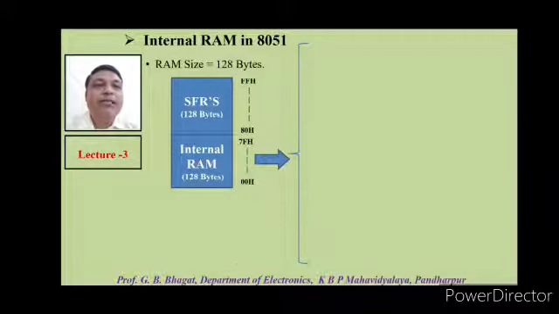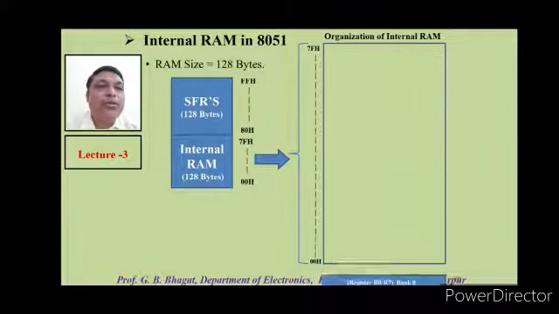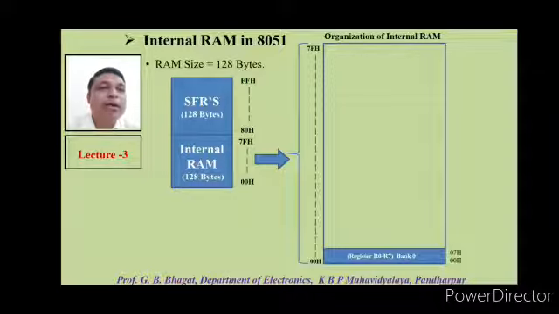This internal RAM is divided into various parts ranging from 00 to 7FH. Here at address 00 there is one register bank, that is bank 0, ranging from address 00H to 07H.